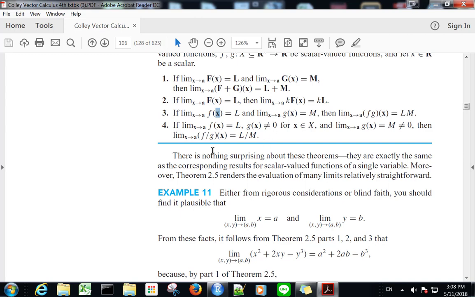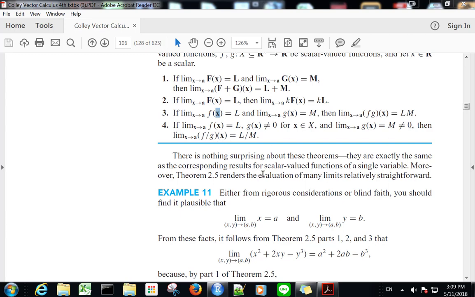So, okay, and the last one is what happens if you do f divided by g and you get L over m, as long as g is not 0 for any x in X, and also that the limit of g of x as x approaches a is not 0.